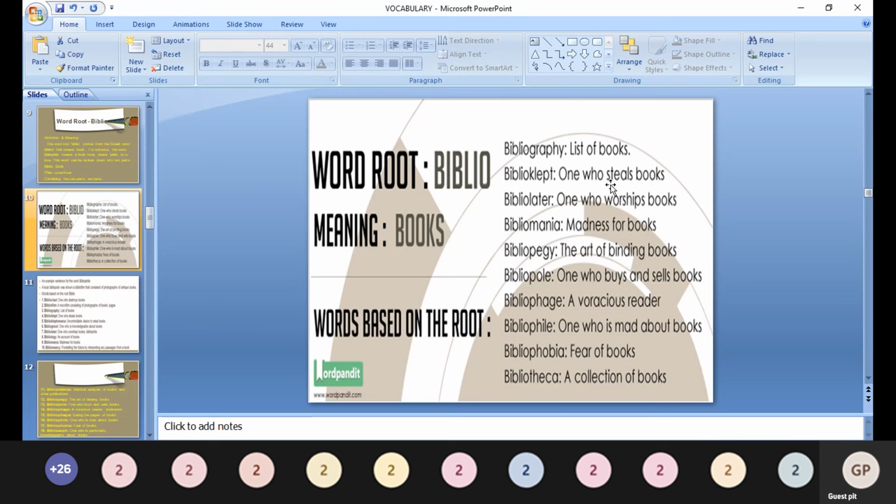Biblioclept, one who steals books. I don't know if you know the word kleptomania. Kleptomania is a person who has a compulsion to steal. It is a kind of psychological defect. It's not that they are stealing for money or things like that. They may be very rich, they may not be in need, they may not rob for the sake of robbing.